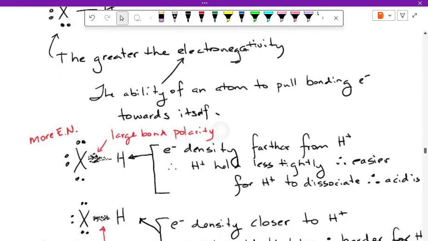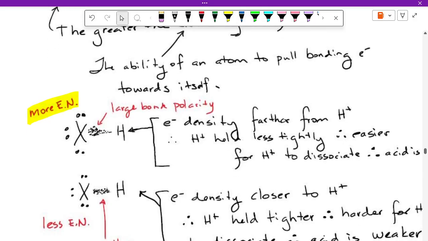So if we have a more electronegative atom, we end up with a large bond polarity, and you'll notice that there's a lot of electron density over here, and not very much density on the other side. It's not that one causes the other, but they vary in the same way because of the same factors.